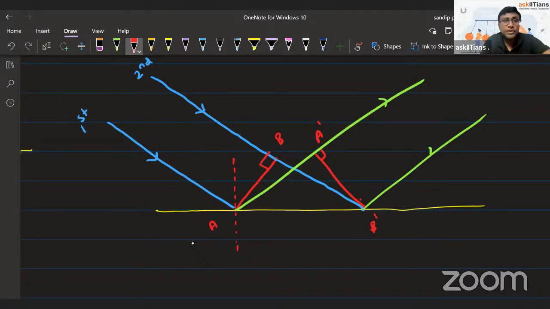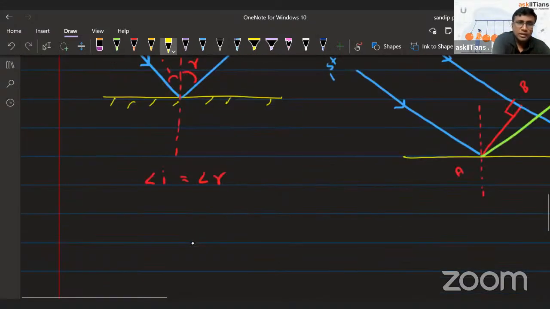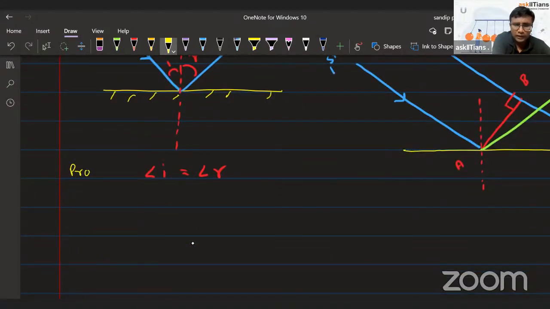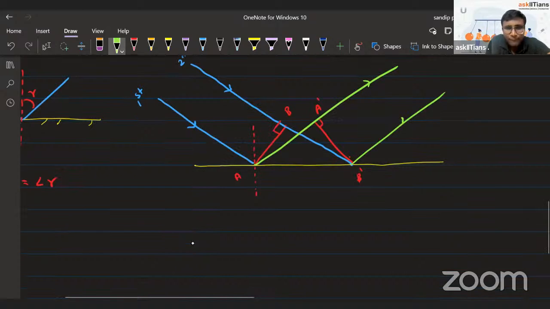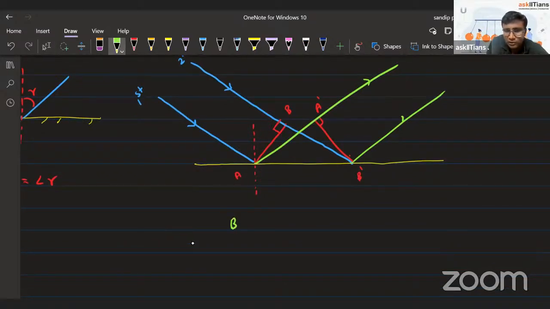Correct. Now our job is to prove what? Our job is to prove that angle I is equal to angle R. Right? So BB dash is the distance covered by the light in some particular time t. So BB dash is equal to c into delta t. Why c into delta t? Because we know that distance is equal to speed into time.